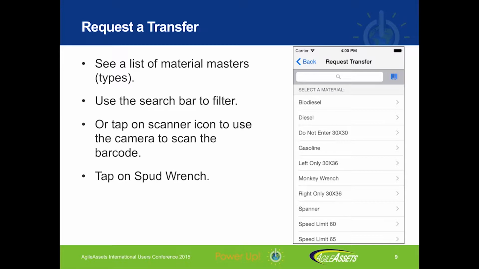So again, this is the list of material that you can choose. You can browse through it. You can use the search to select, or you can use the barcode, since I'm using the scanner right now. So basically it uses the iPhone's camera to perform scanning.